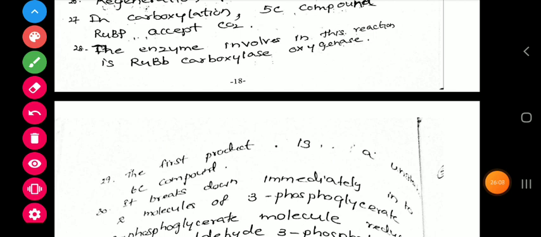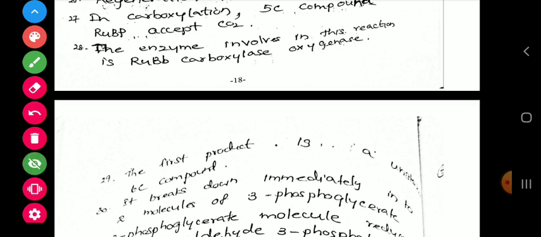Right, so in carboxylation, the 5 carbon compound RUBP accepts CO2.